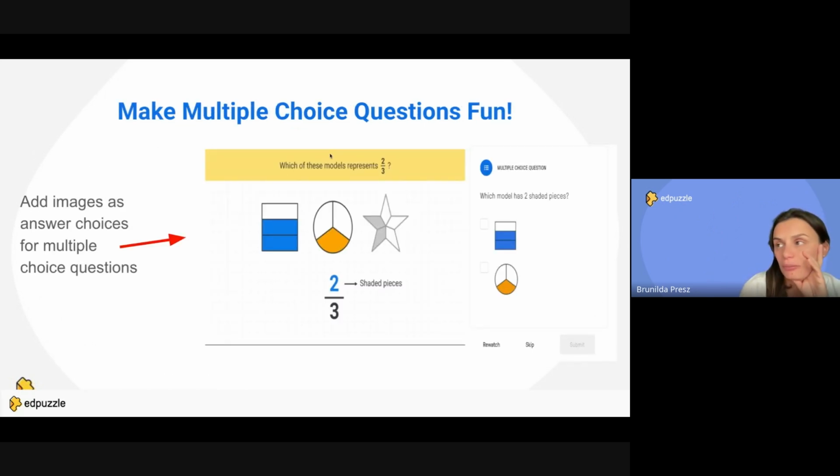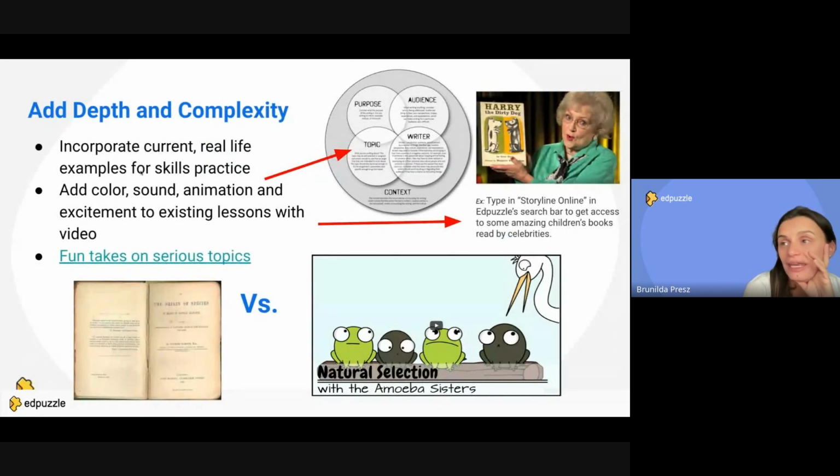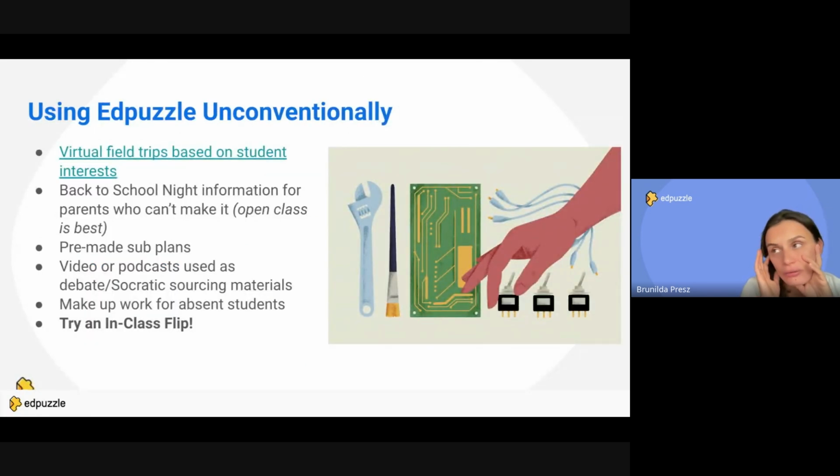You can make multiple choice questions fun. So right here, you can add images for multiple choice. You can add depth and complexity within your questions. And you can use Edpuzzle for virtual field trips, back to school night information for parents who can't make it.